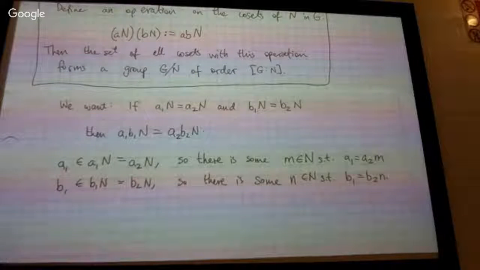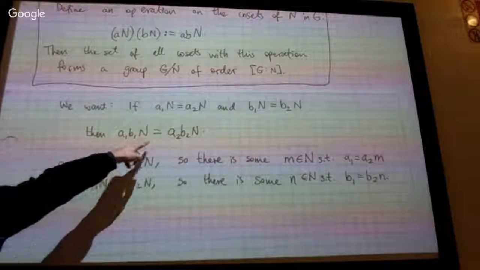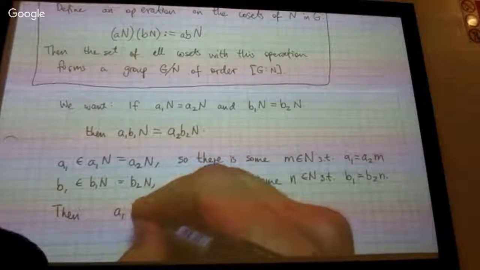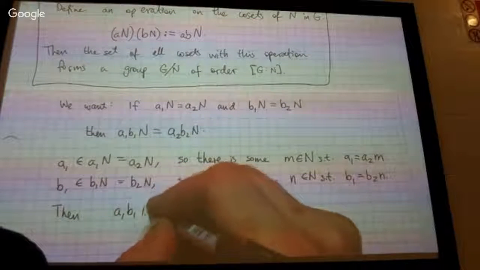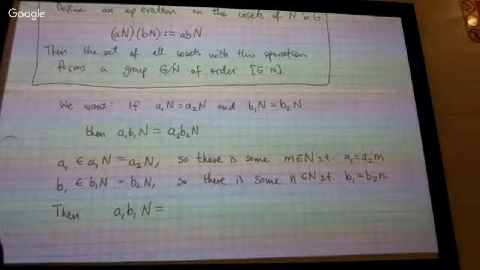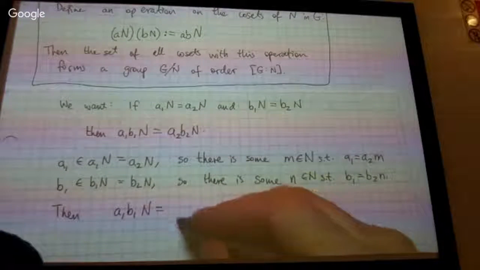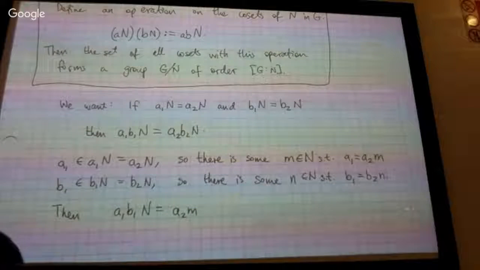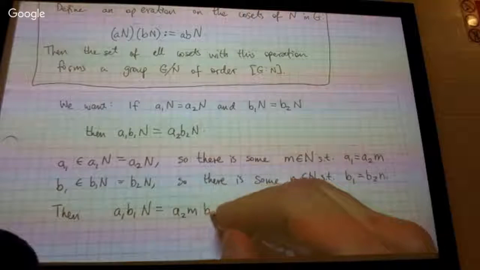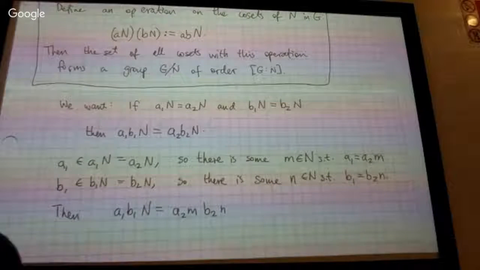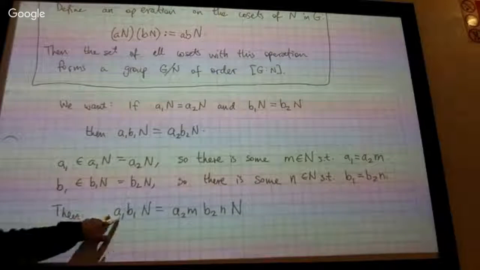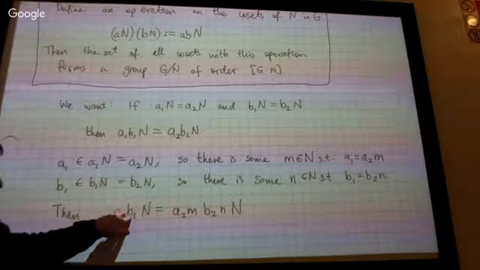So remember, we still want to prove this. Then A1B1, what is this equal to? Well, we know that A1 is A2m, and B1 is B2n. Rewritten, A1B1 is A2m B2n.